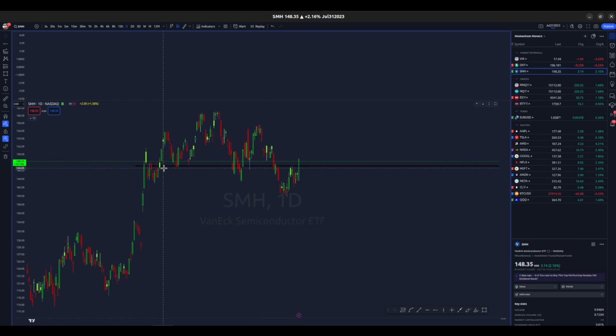And so if you consider this being a shoulder with a neckline that's broken down, we've retested it and broke above it, this would be somewhat bullish for the semiconductor index, right?